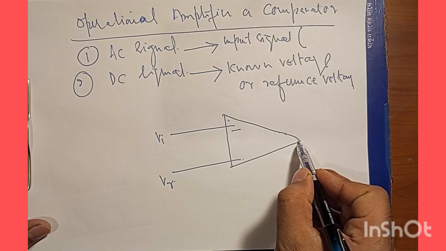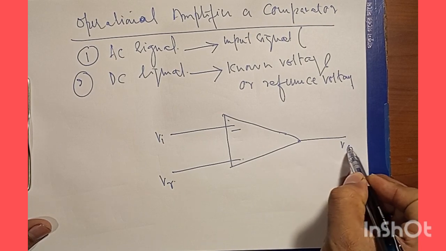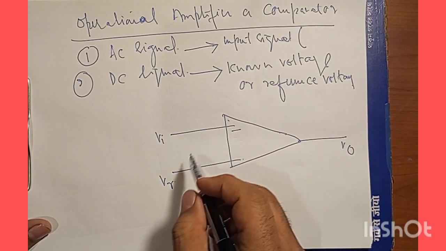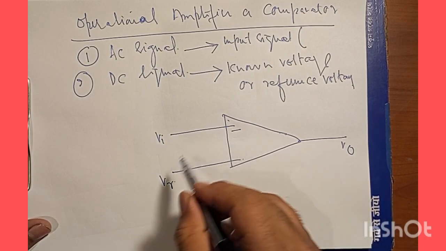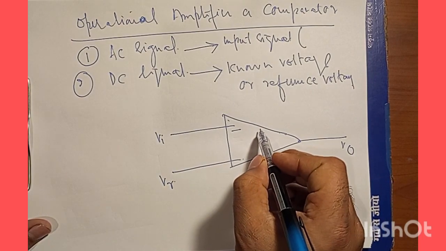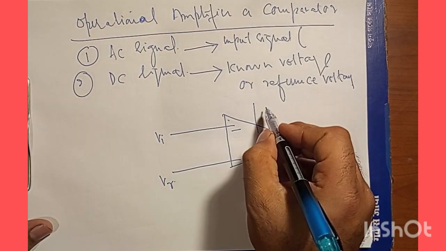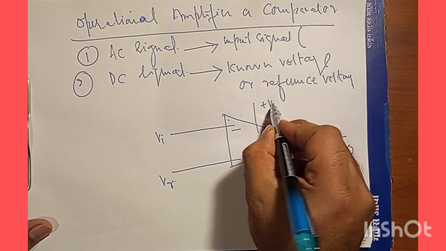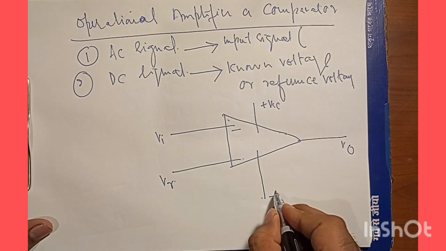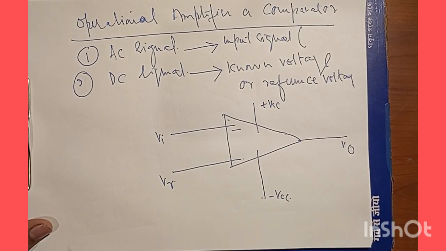Then we will have the output, and we better understand that in addition to all the things that are here, we are biasing these operational amplifiers. So we have positive VCC and we have negative VCC.